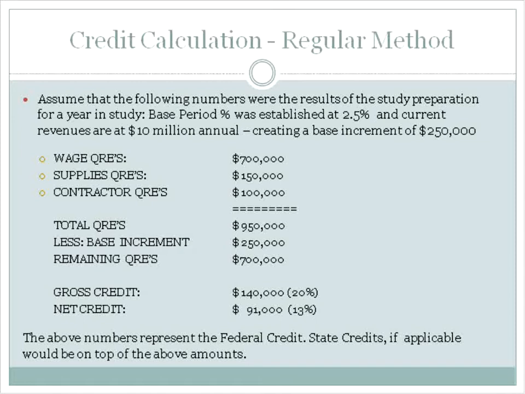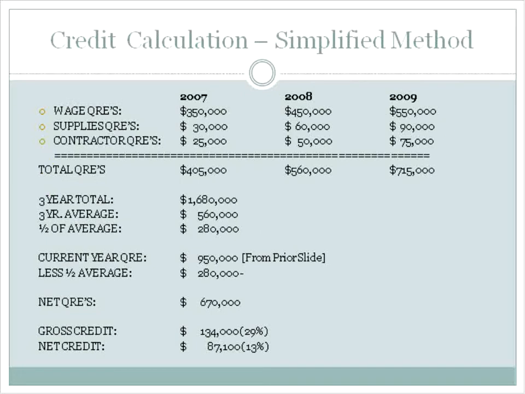But the credit is a dollar for dollar reduction off the bottom line. So it ends up being a 65% net benefit, but that's the resulting net credit, and that's how the government calculates it. So I showed that for the regular method, and then I showed how the simplified method is calculated as an example.